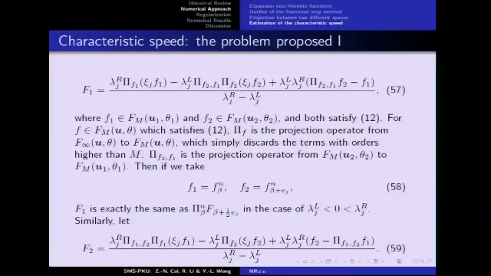And then the other thing is the characteristic speed, which is required in the numerical flux. For this, at last we actually need to calculate the derivative of the numeric flux, the derivative of this expression with respect to f1.